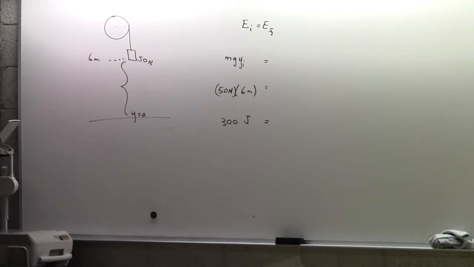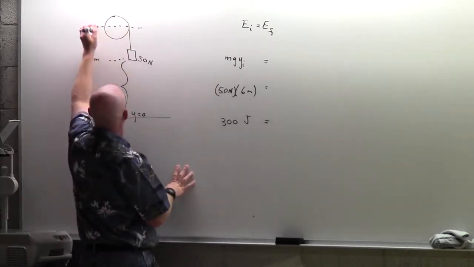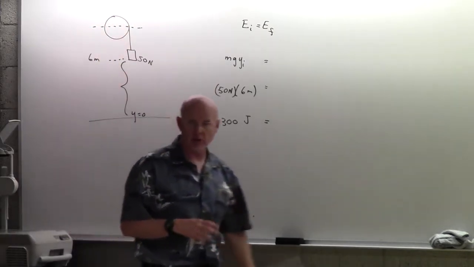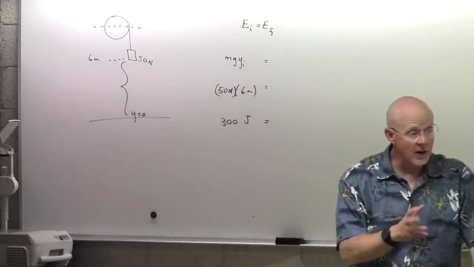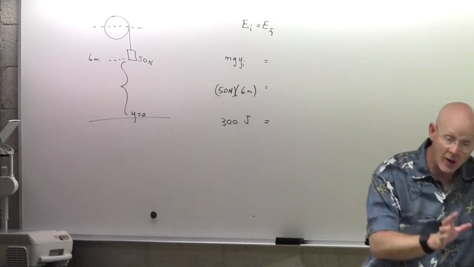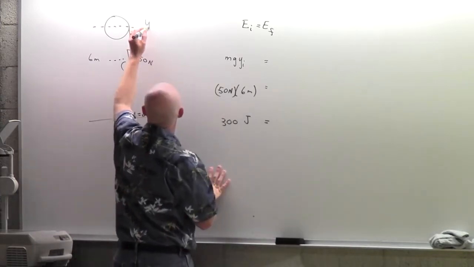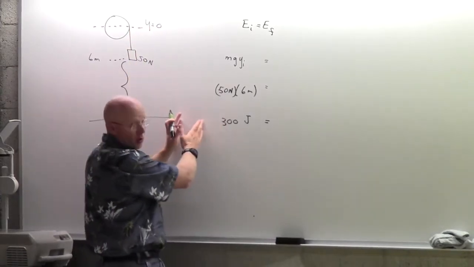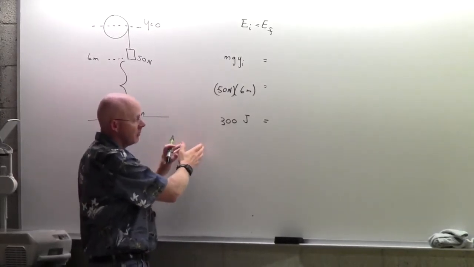Now you may argue about the reel itself. Doesn't it have some gravitational potential energy? Well, we can address that in one of two ways. Maybe the easiest way, though, is to say, let's call y equals 0 for that one the center of mass of it. So that's why I don't have a term here, because it's a 0.